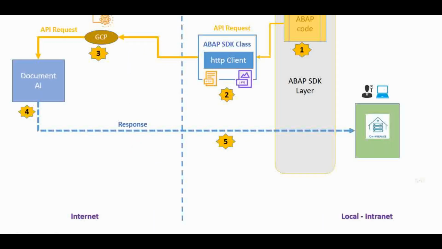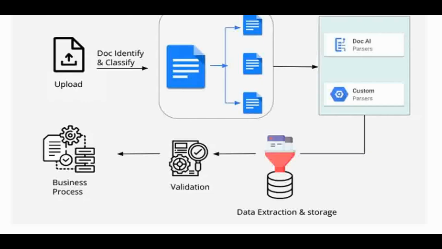Now I will go back to the session. So what we did is, we know what document we are going to use: a PDF document. They are classified as PDF documents, and I created a custom processor which was trained to read some data from the document: document number, order number, due date, invoice date, and the invoice amount.